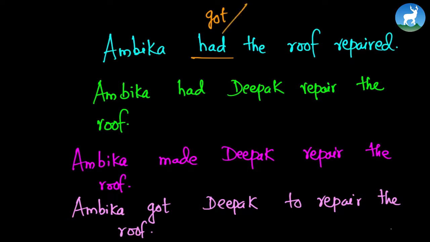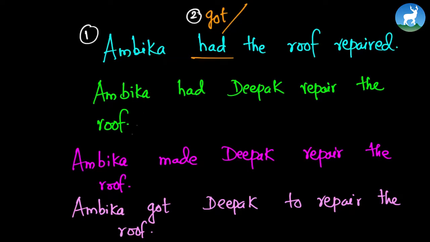Got or had can be used interchangeably, right? So the situation is, the roof of Ambika's house was damaged in a storm. So she arranged for Deepak to repair it. She didn't repair it herself. This can be expressed in 5 different ways. The first one is, Ambika had the roof repaired.